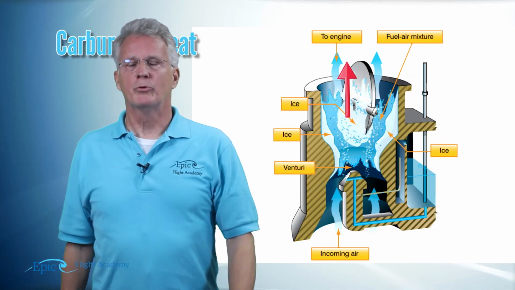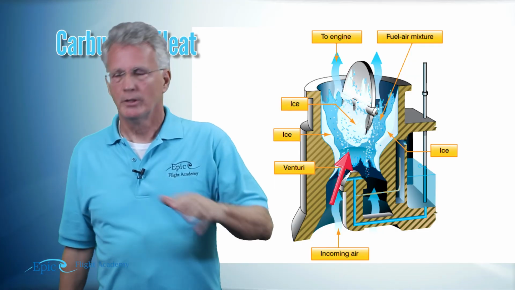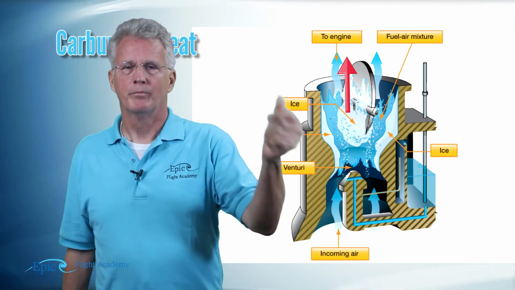That warm air will come through that carburetor, that ice will melt, it'll go right through that cylinder, and your engine will have a little cough, be right back to normal. So that is kind of an overview of how your induction and carbureted systems work.